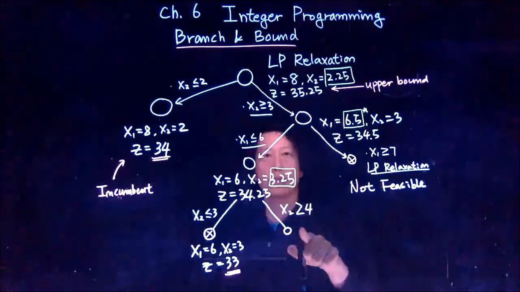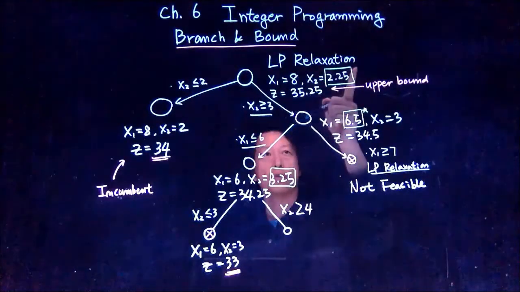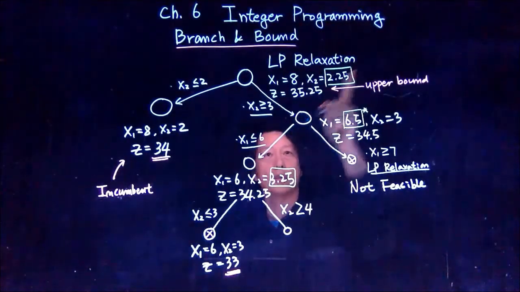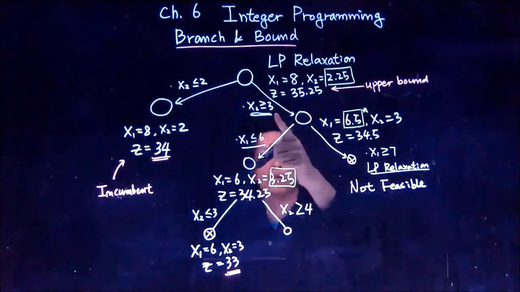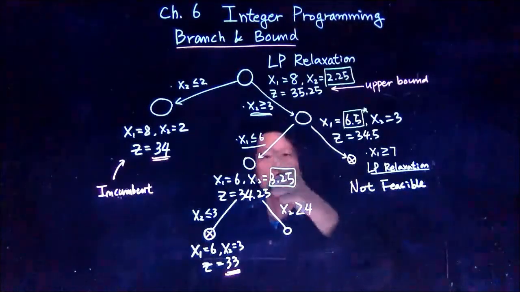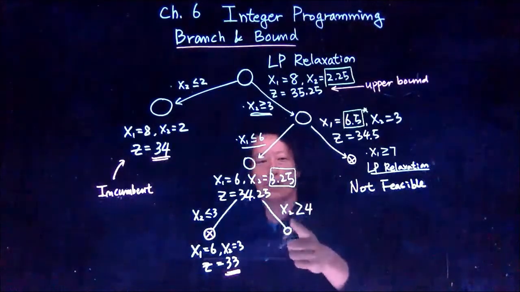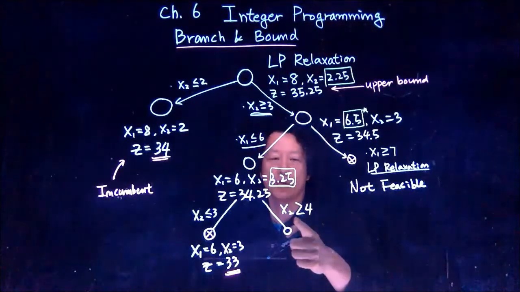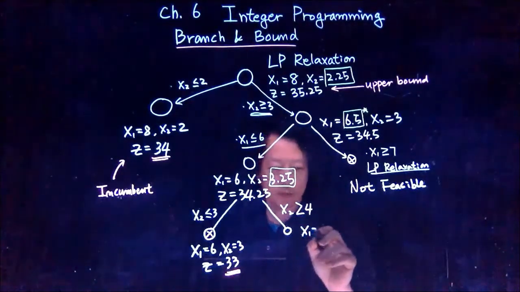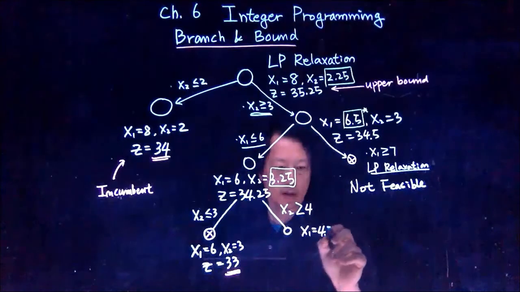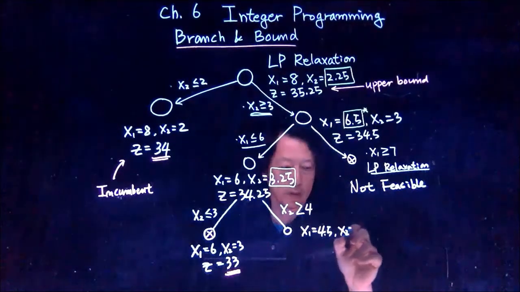So this problem is from our original problem. We get rid of the integer constraint. We add this constraint. X2 should be greater than 3, and then x1 should be less than or equal to 6, and then we add x2 should be greater than or equal to 4, and then we got the solution if we solve it as a linear programming.